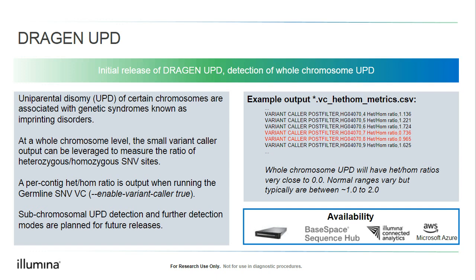The normal range that we expect would be between 1.0 and 2.0. Again, this is something that we already output, but now we are leveraging this information to give you the disomy status for UPD essentially. So again, something that we're bringing in, we're looking at other disomy or trisomy detection methods and algorithms as well, and again, expanding this in future releases to be subchromosomal as well.